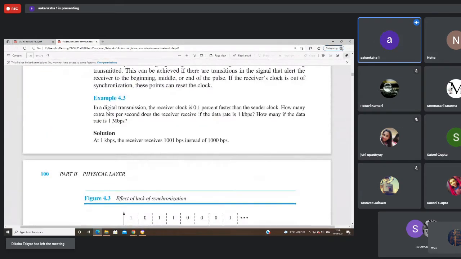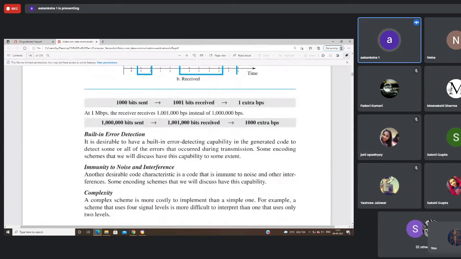Because the clock is 0.1% faster. This is for 1 second, for 1 Mbps, because the data rate is more. So for a 1 Mbps data rate, you'll have 1000 bits which are extra received by the receiver. So this was the error because of synchronization in the sender speed and the receiver speed.